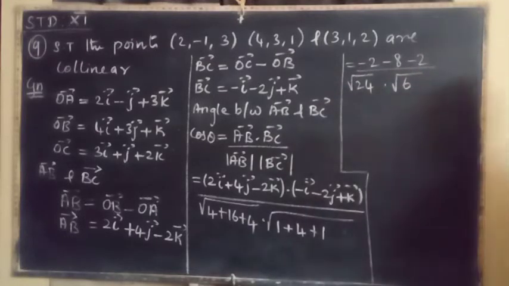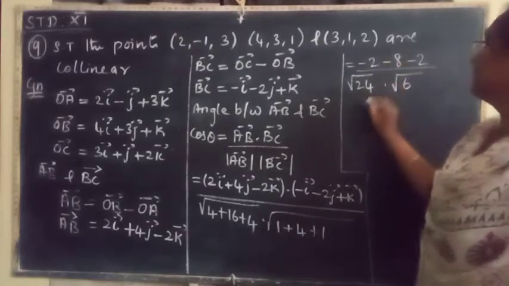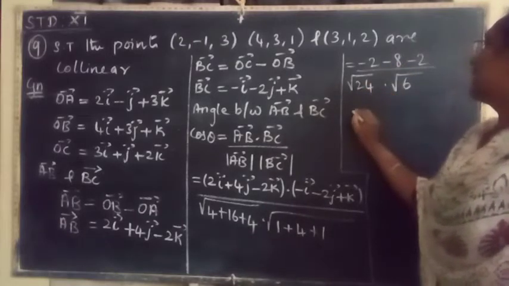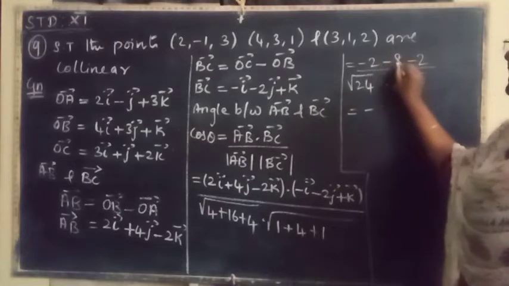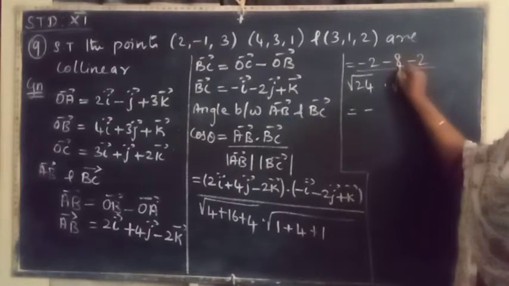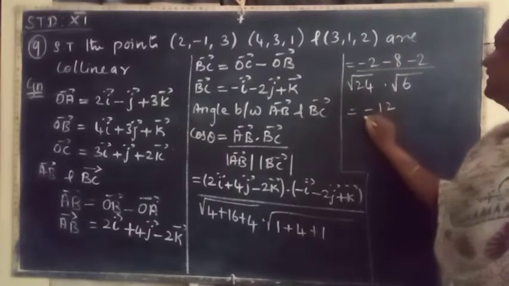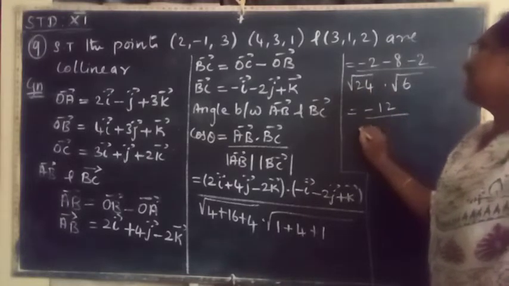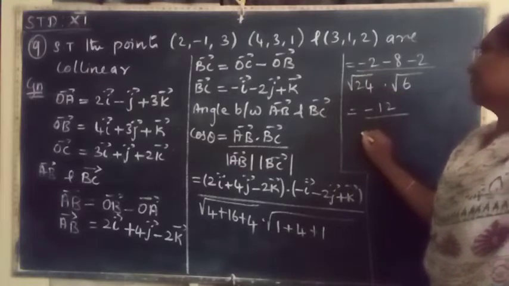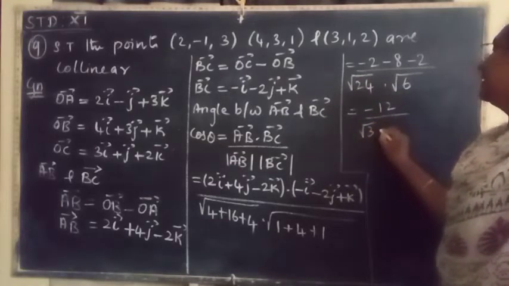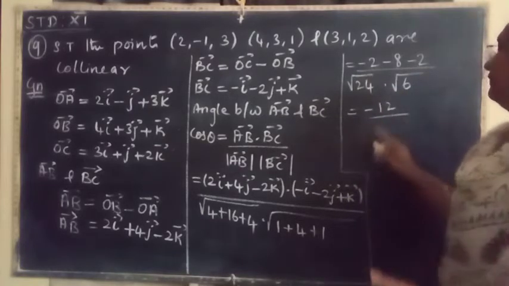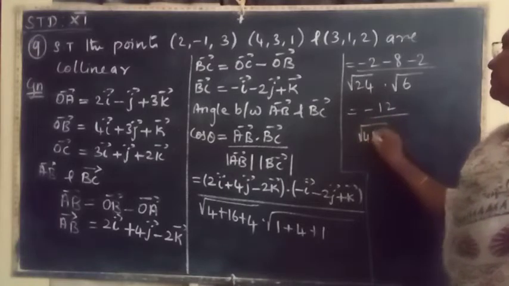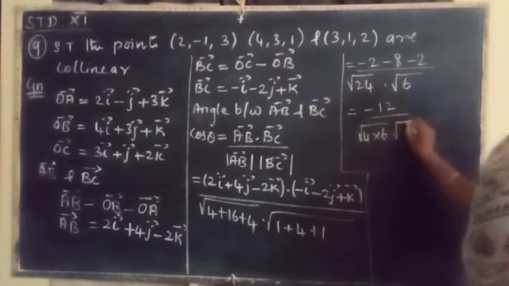Now what shall we do? Minus 2 minus 8 minus 2 is minus 12, divided by square root of 24, which can be written as square root of 4 into 6, into square root of 6.